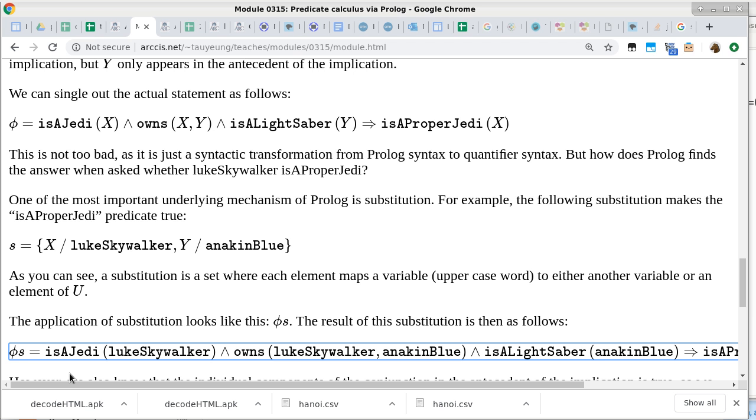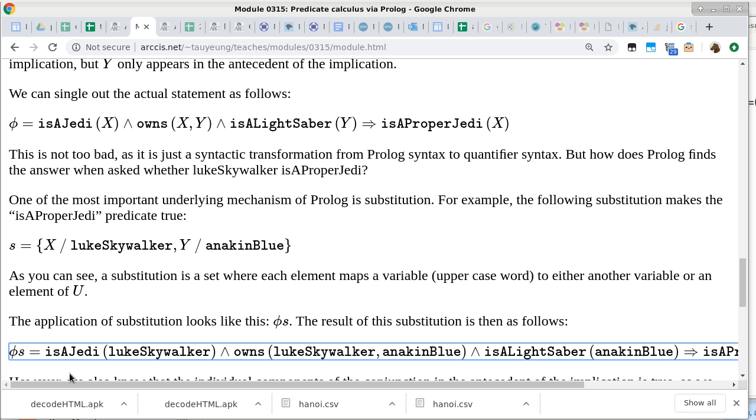Then you have to look into this and say, well, can we confirm that Luke Skywalker is a Jedi? Yes. Do we have another rule that says Luke Skywalker owns Anakin Blue? Maybe, maybe not. If this is missing, it is not confirmed, then this entire thing is not going to work.